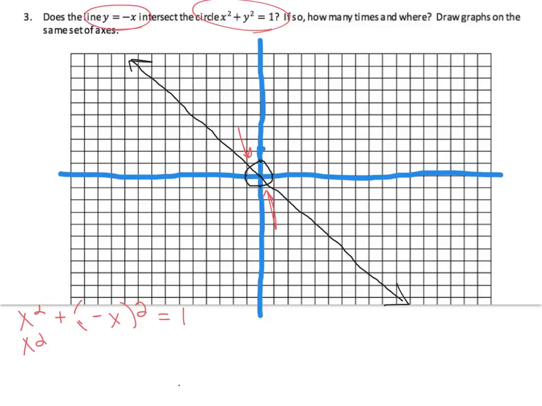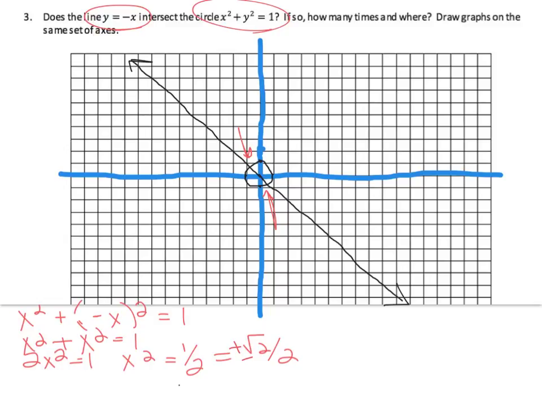So x squared plus x squared equals 1. 2x squared equals 1. x squared equals 1/2. x equals, let's see, I think the square root of 2 over 2 is how I would rationalize that. We cannot forget plus and minus. So there's my x value.